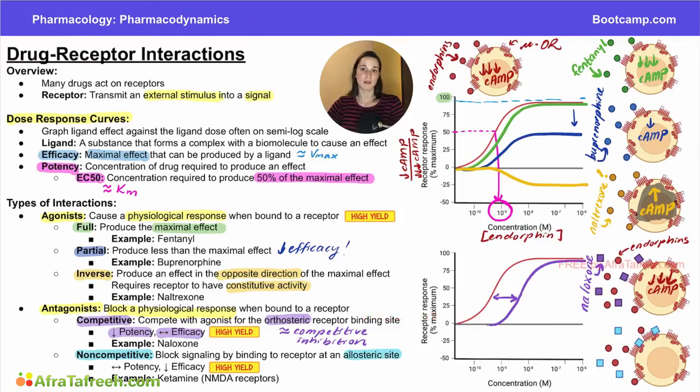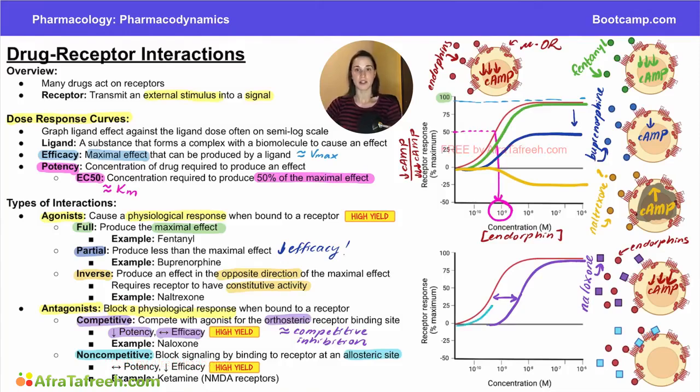If we set up the same experiment we had before, where the receptors are first exposed to the antagonist, which is binding at a site other than the agonist binding site, and then are exposed to the agonist, the potency of the agonist will appear unchanged because all of the agonist binding sites remain unoccupied, and the agonist can still bind to them.